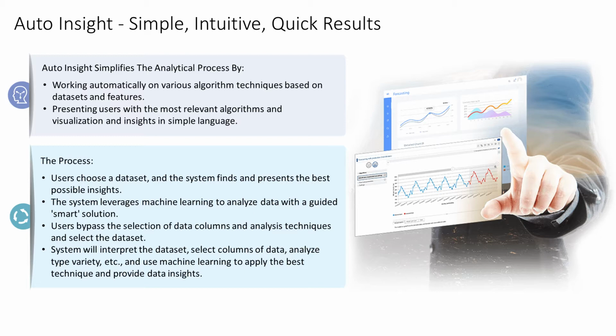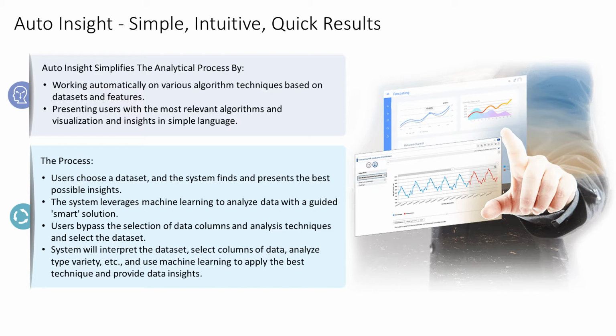Instead, you select the dataset to be analyzed, and the system interprets the dataset, selects important columns of data, analyzes its type and variety and other parameters, and uses intelligent machine learning to automatically apply the best algorithm and analytical techniques and provide data insight.